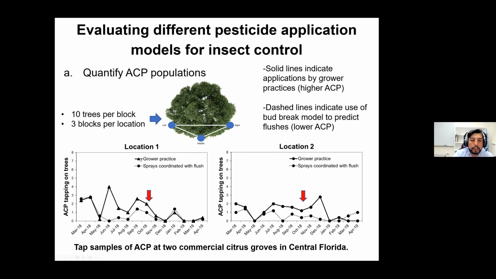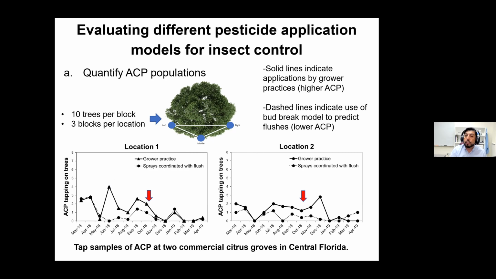The grower practice is highlighted in triangles, while the sprays coordinated with flush are in circles. We found a reduced number of ACP when the sprays are coordinated with flush. If you think about the biology of the insect, they only lay eggs on the bud breaks or young flush.